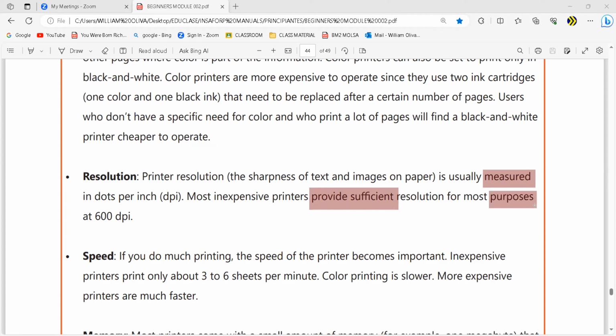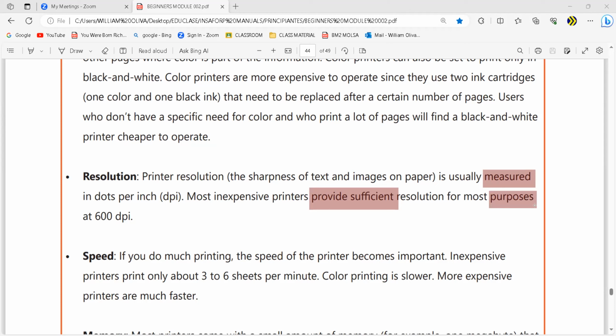Ahí no me recuerdo cómo se pronuncia 600. William, 600. Gracias. Repeat after me, William. Measure. Measure. Provide sufficient.